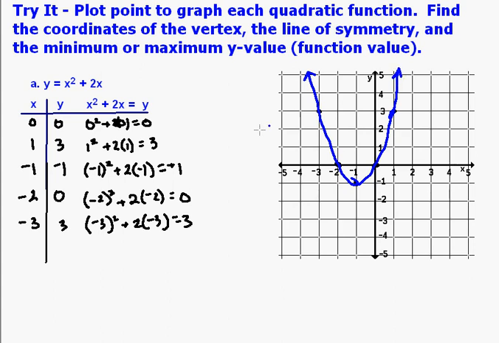That would be the general shape of our parabola. As you can see, where the parabola turns is right here. This would be our vertex, which is at the x value when x is negative 1.